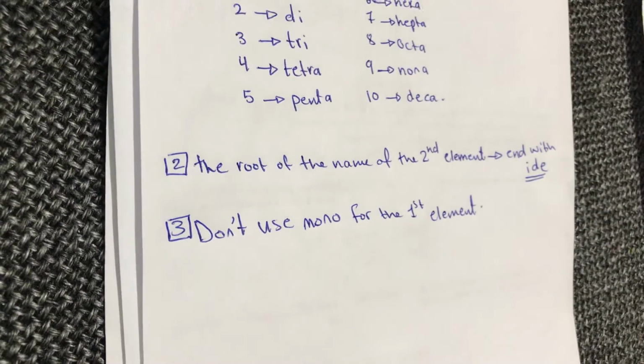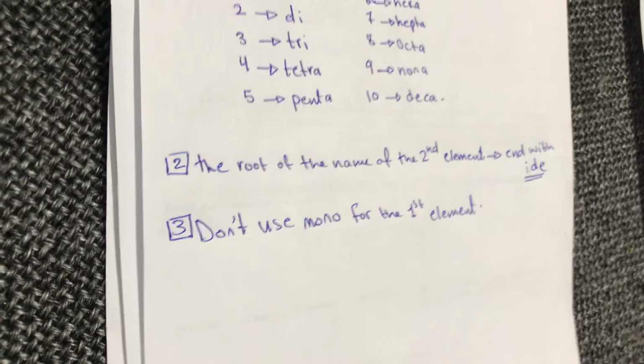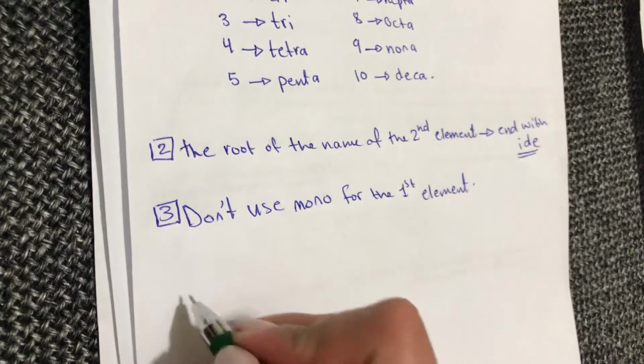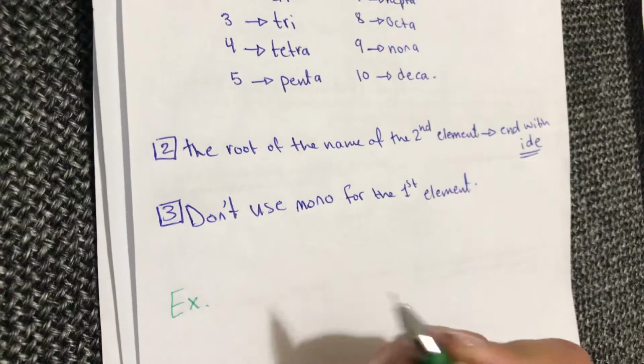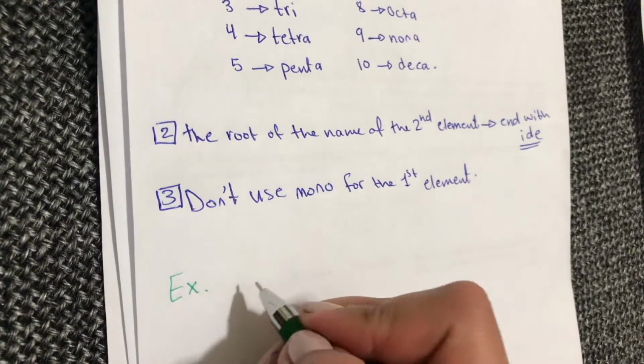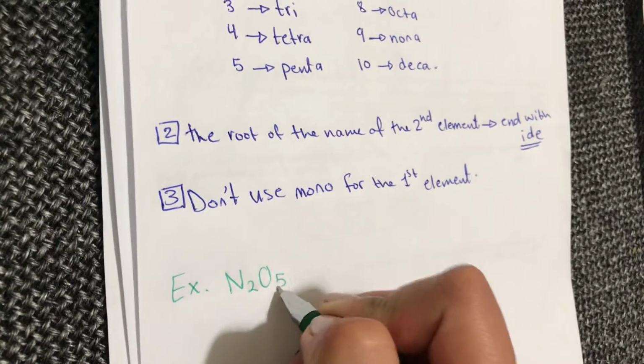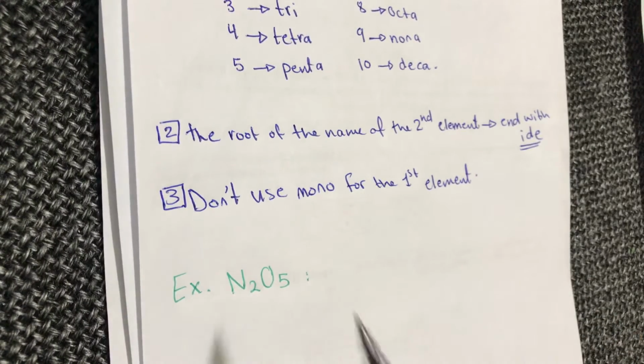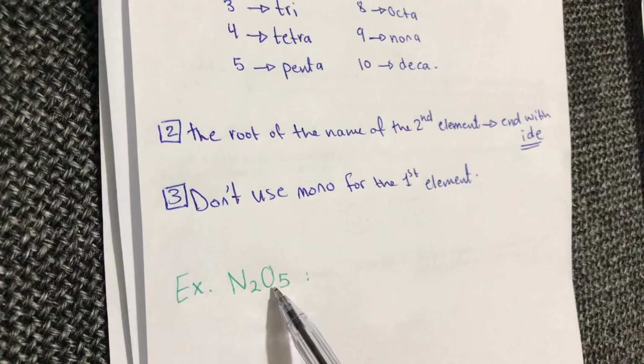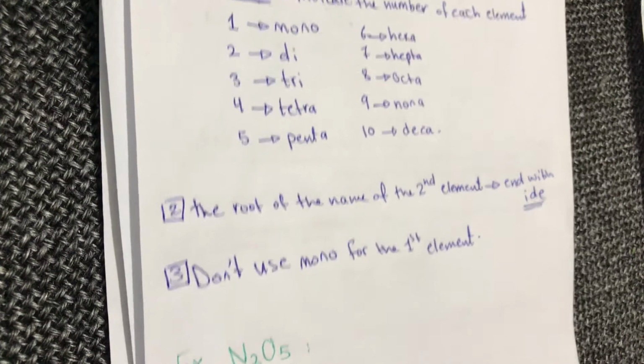So now on to examples. Example number 1. What is the name for N2O5? Nitrogen is a nonmetal, oxygen is a nonmetal, so it's a covalent compound. So you have to follow the rules.